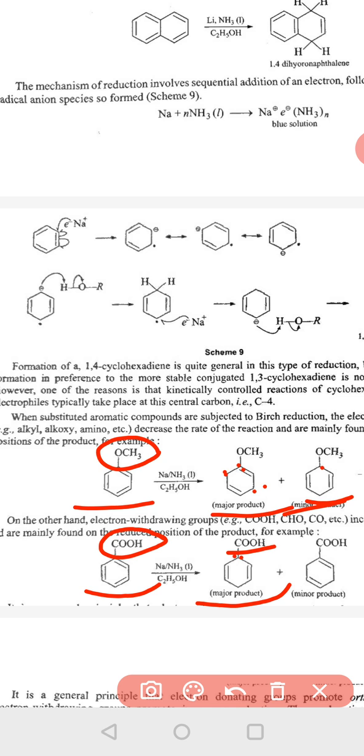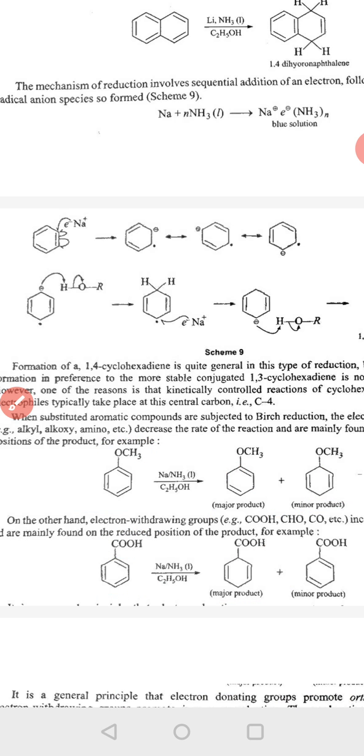This is a general fact that you have to keep in mind. Electron donating groups promote ortho and meta reduction. Electron donating groups such as OCH3 facilitate the ortho and meta reduction.